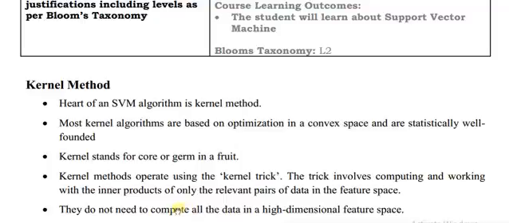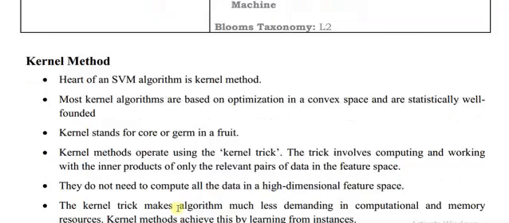The kernel does not need to compute all the data in a high dimensional feature space. Only the relevant data are computed. The kernel trick makes the algorithm much less demanding in computational and memory resources.